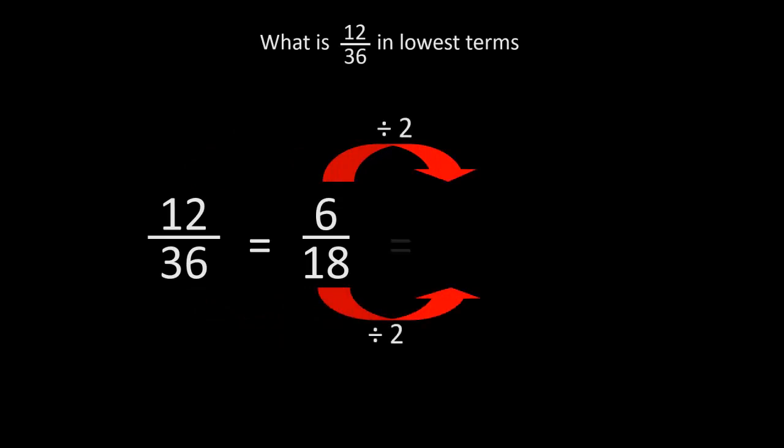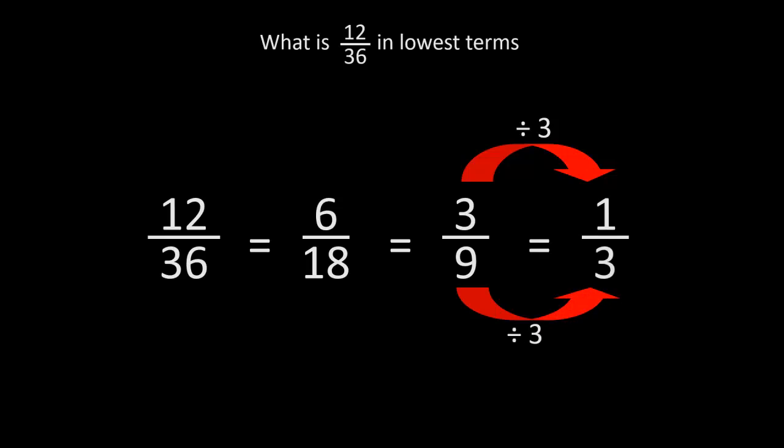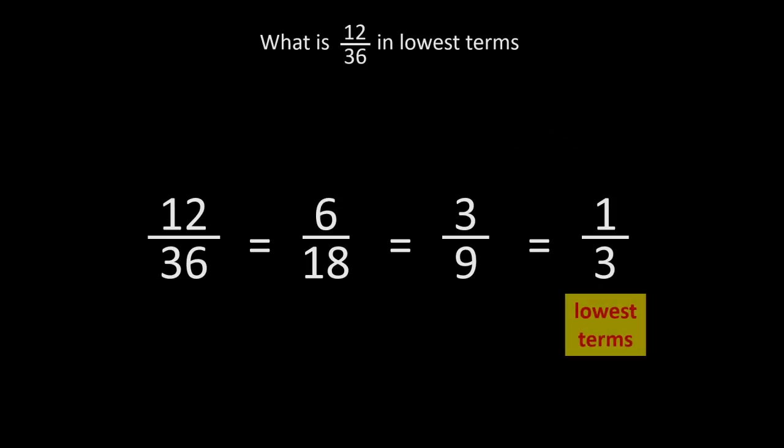Again, you might have noticed a higher number we could divide by, but it's not a problem. 3/9. And 3 goes into 3 and 9. So we can divide top and bottom by 3, and that will give us 1/3. Now we can't go any further, so we say that 1/3 is the fraction in its lowest terms.